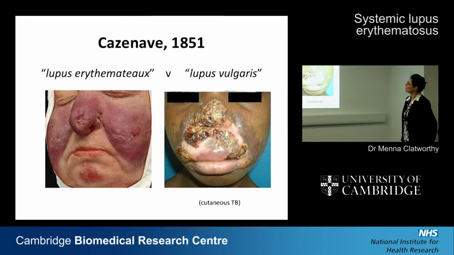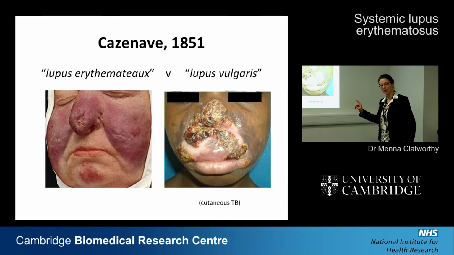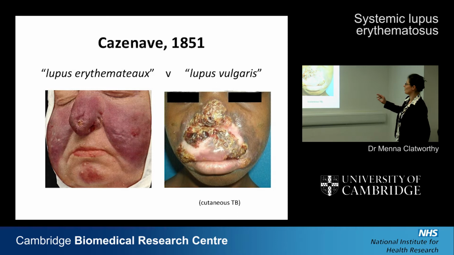And it was first appreciated that what we now know as SLE was different from other forms of severe facial rash by Cazenave in 1851. And he distinguished the difference between two, well, certainly this on the right was a relatively common thing seen: lupus vulgaris, which is cutaneous TB, but you can see a similar sort of terrible facial involvement.